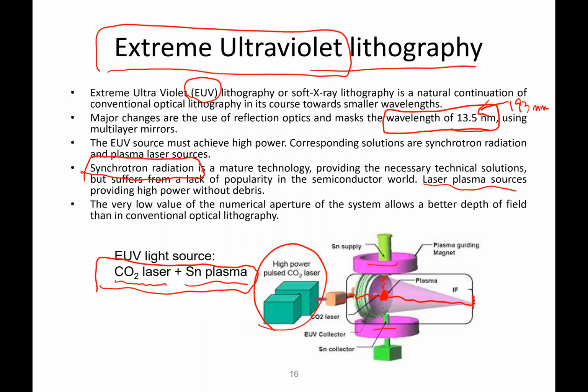By combining the tin plasma and the CO2 laser, we can have 13.5 nanometer light coming out through this light source. So this is the EUV lithography light source.